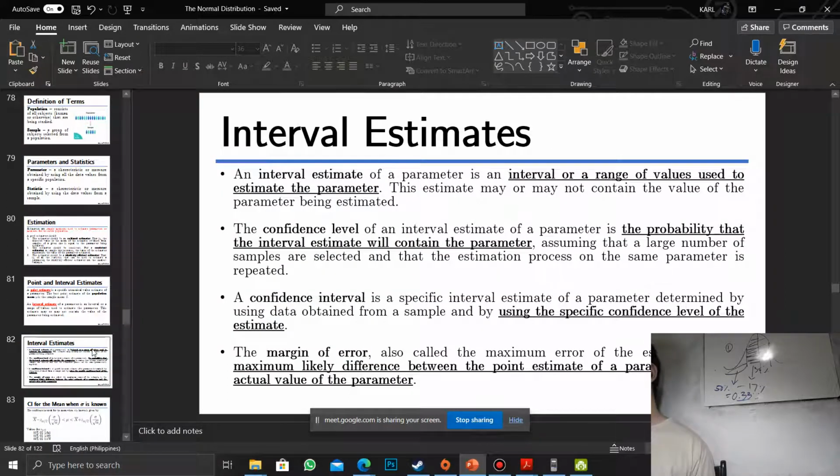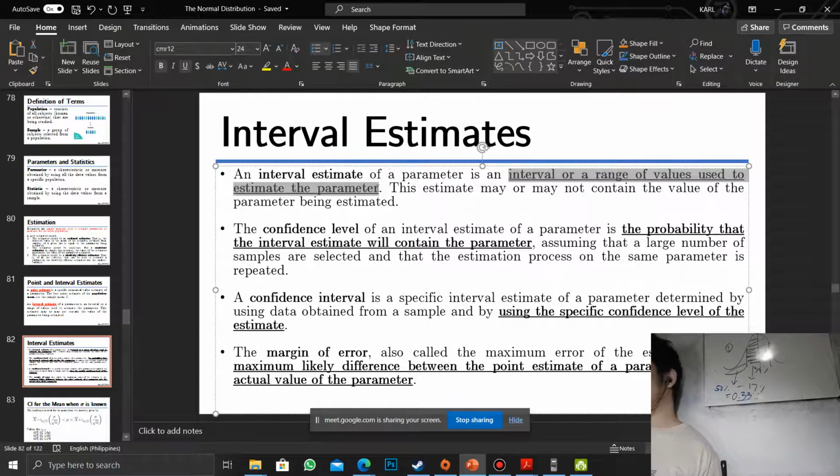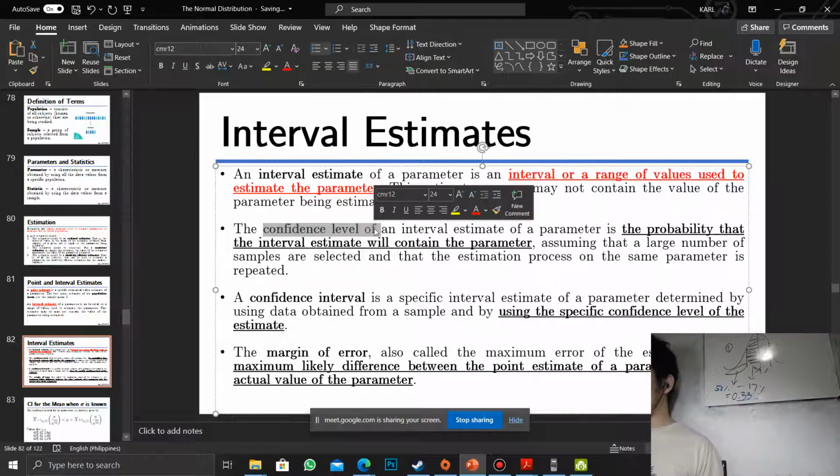Sige, may 4 na terms tayo for interval estimates. So, unang-una, ang interval estimate ay isang range of values used to estimate the parameter. The estimate may or may not contain the value of the parameter being estimated. Next, the confidence level is the probability that the interval estimate will contain the parameter.